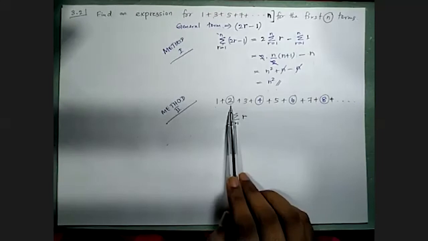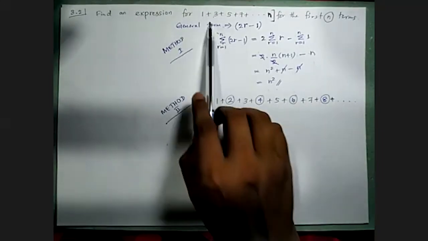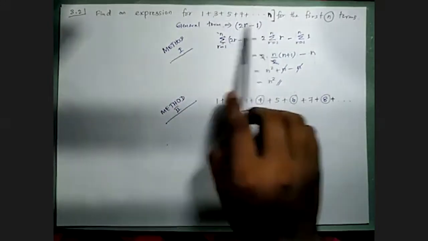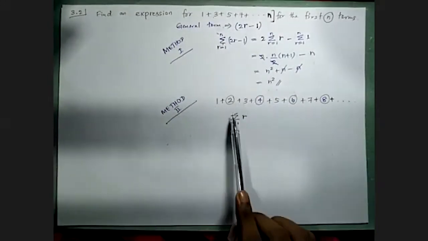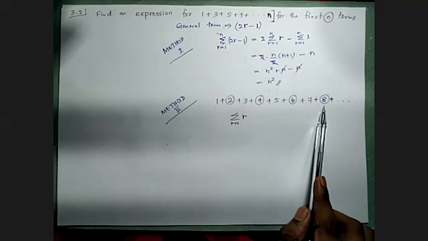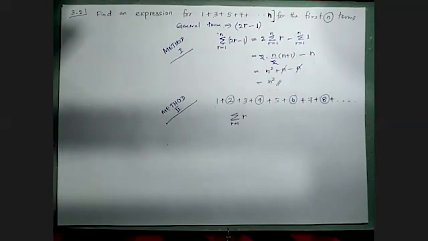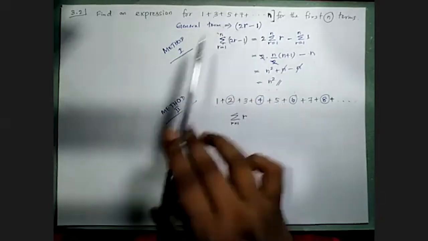Now when I fill in 2, 4, 6, 8 in this manner, what will happen to the number of terms in this series? Will it increase? Yes, it's going to increase by the same amount.